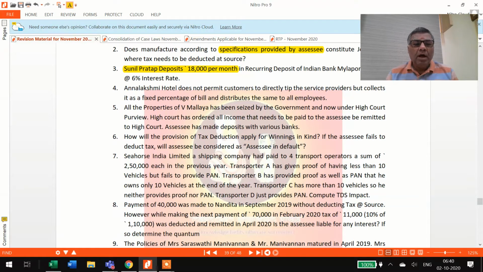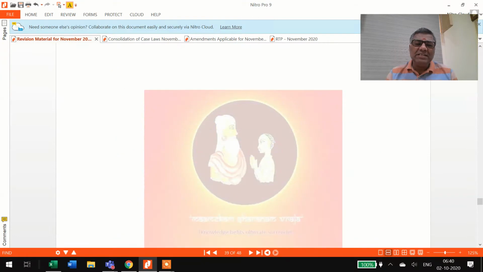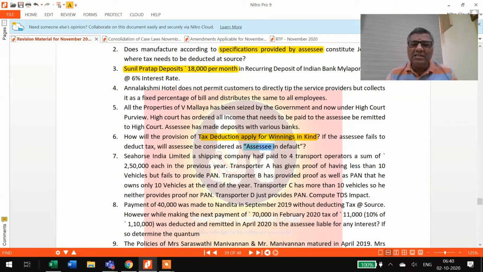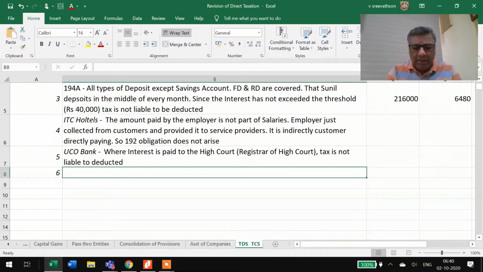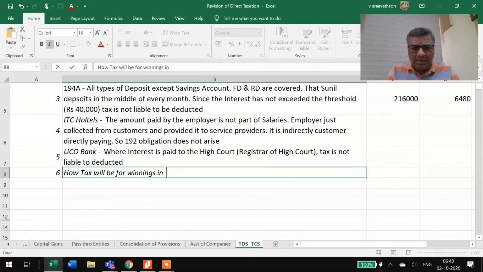How will the provisions of tax deduction apply for winnings in kind? If the assessee fails to deduct, will the assessee be treated as an assessee in default? The first point is how tax applies to winnings in kind.